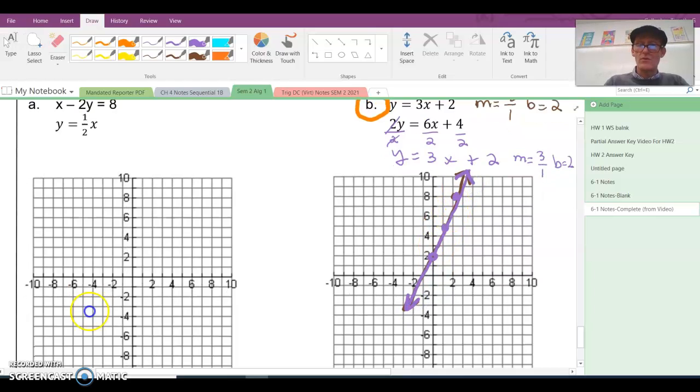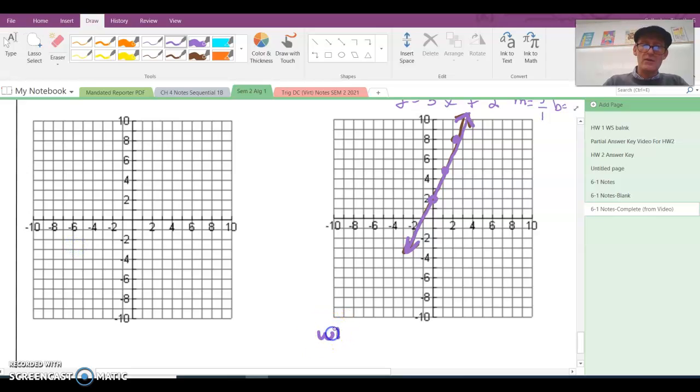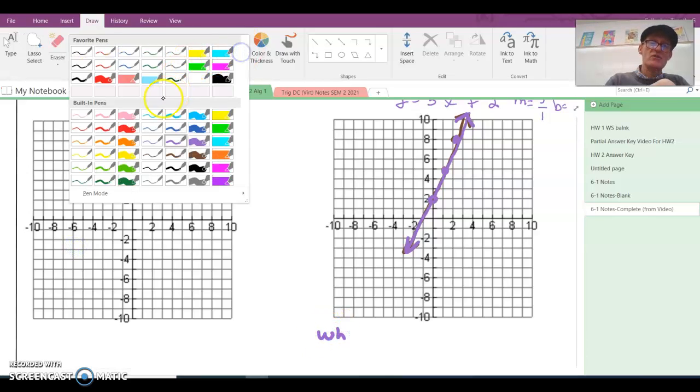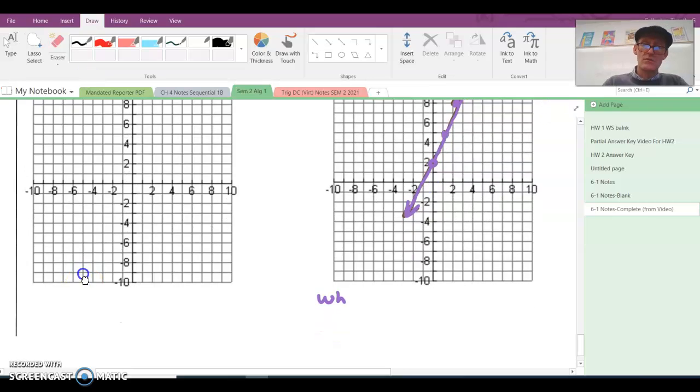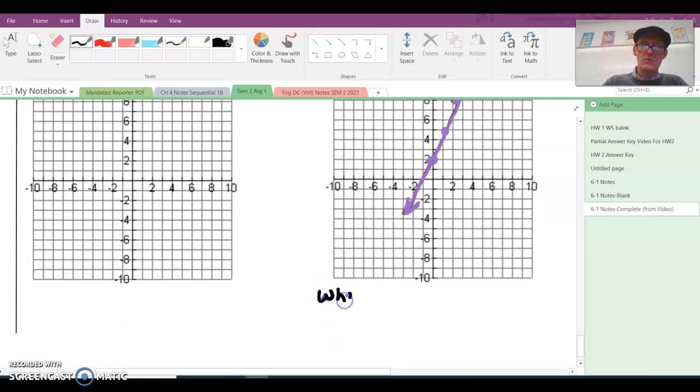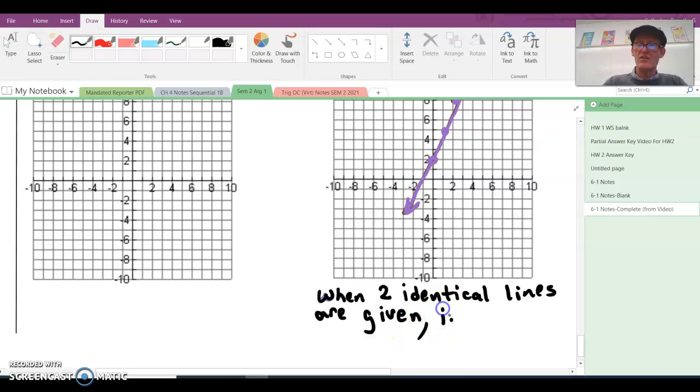So when it's the same line, there's infinite solutions. When two identical lines are given, infinite solutions is the answer.